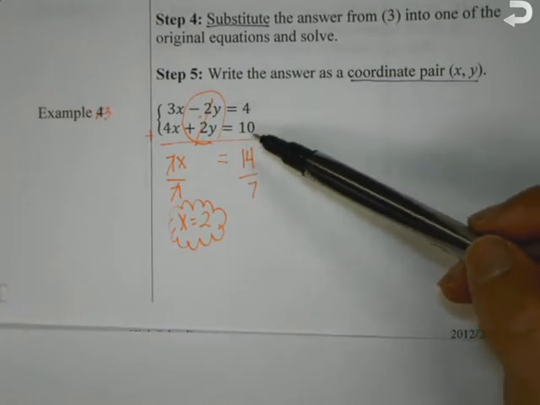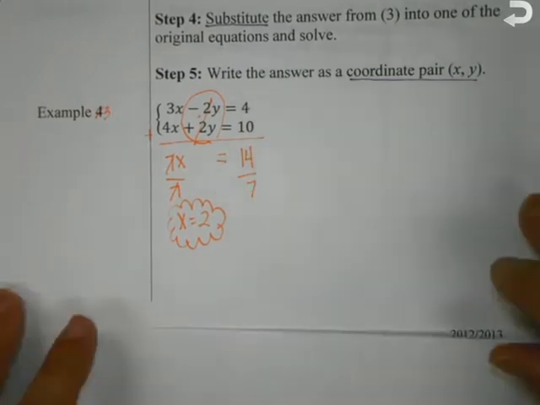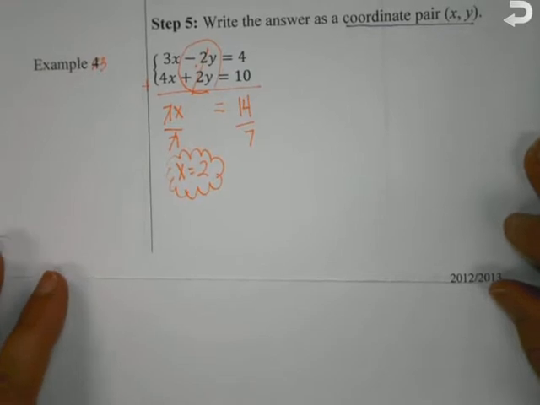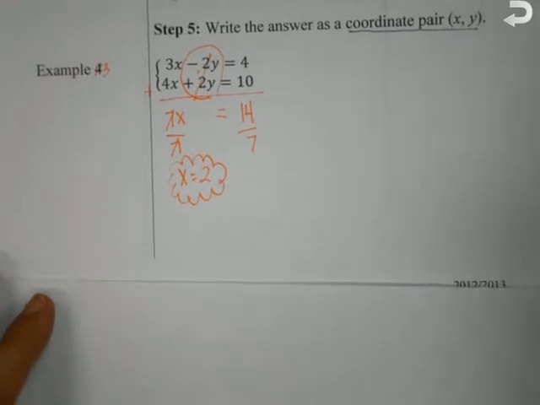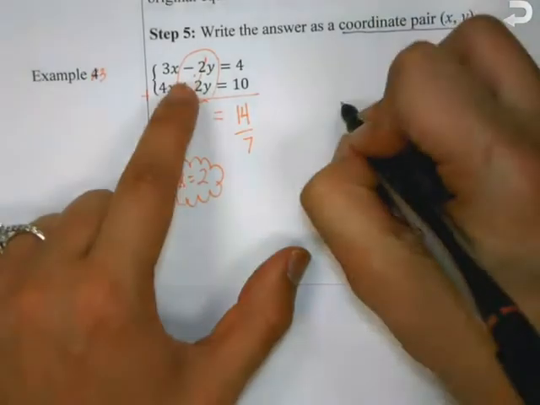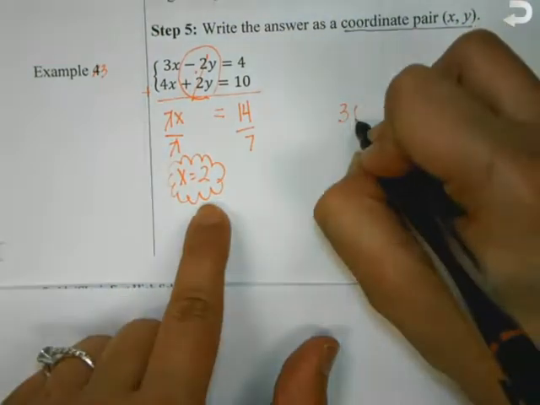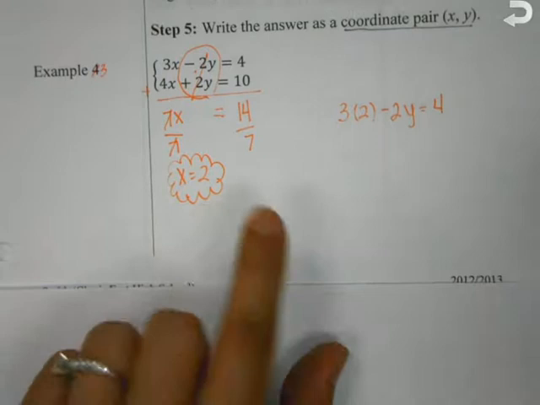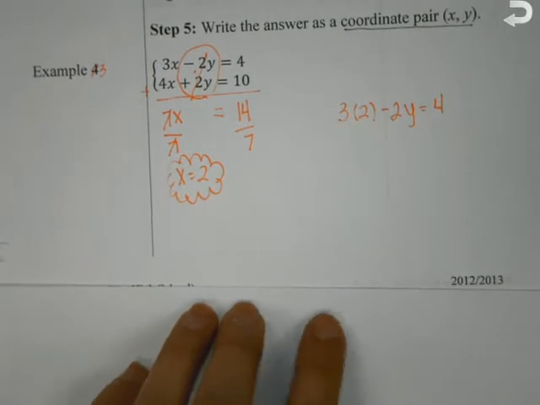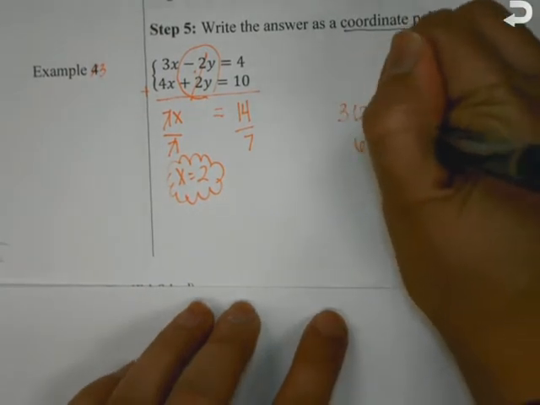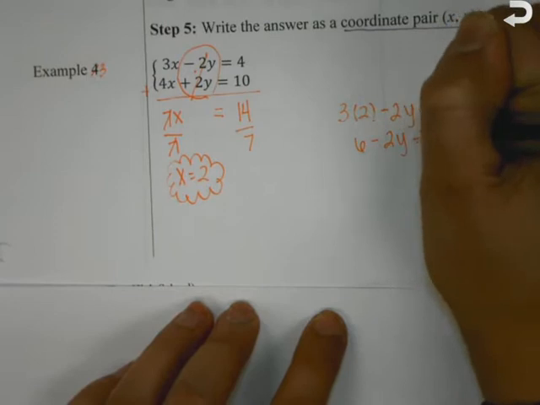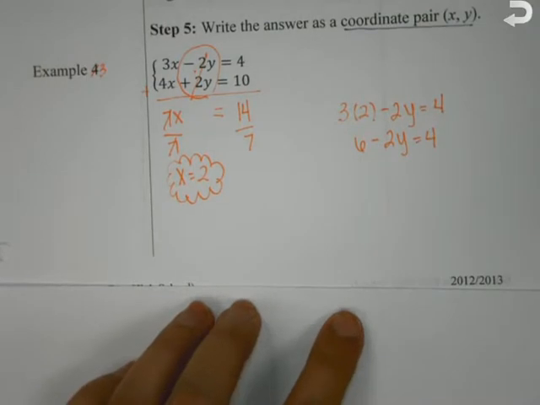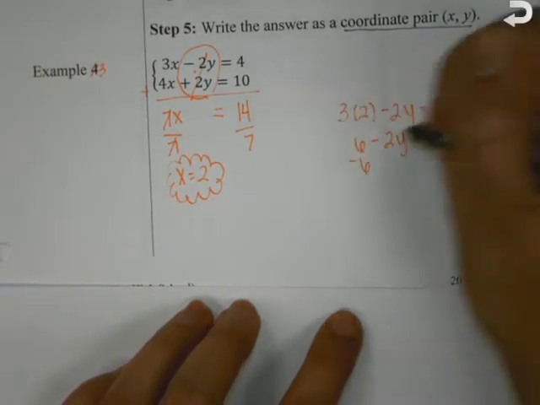So why don't we just do the first one? We have 3x, x is 2, minus 2y equals 4. So that's going to be 6 minus 2y equals 4. Subtract 6 from both sides, and we get negative 2y equals negative 2.